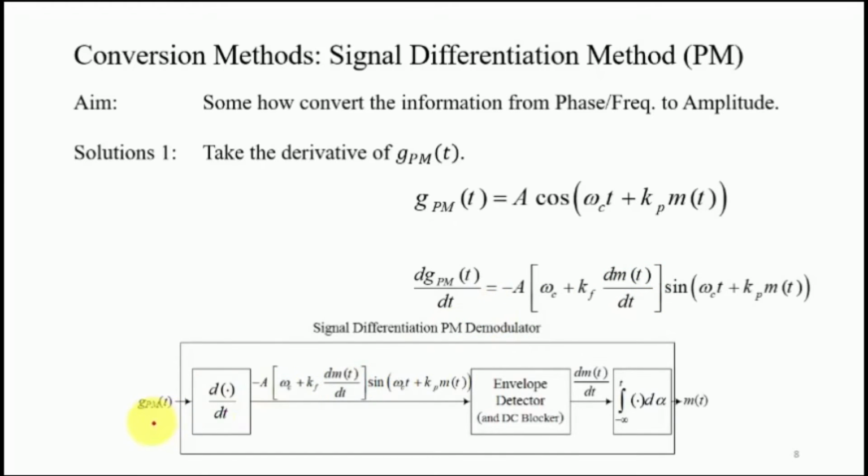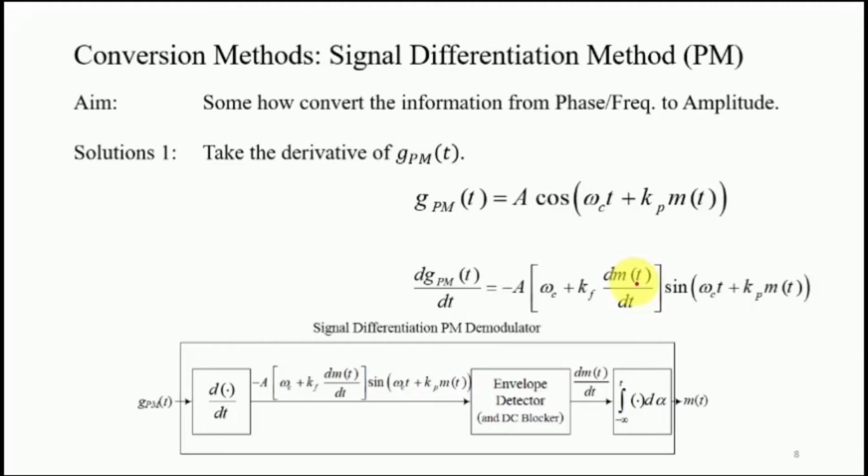So if it is g_PM of t, that is the phase modulated signal that you receive, you would differentiate it, you would get this expression over here, and after that now the amplitude is varying with respect to time, but the amplitude is a differentiation of the message signal rather than the message signal itself, but either way the amplitude is varying with respect to the time.